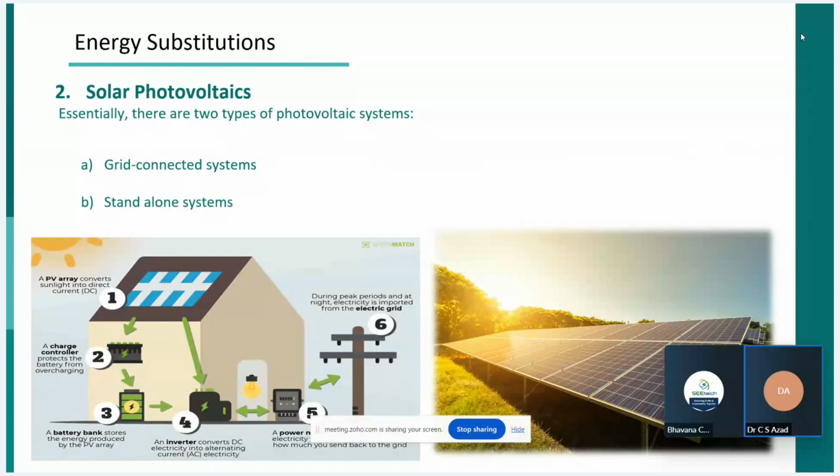There are two kinds of systems, but the Prime Minister Solar Rooftop system is about the grid connected system. Although stand alone systems are also possible for the places where grid is not there or people are not interested in taking the grid connected system.